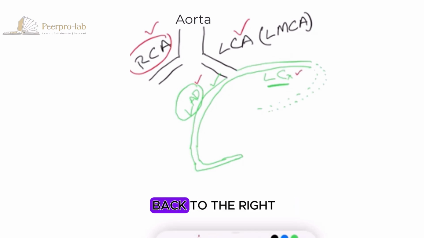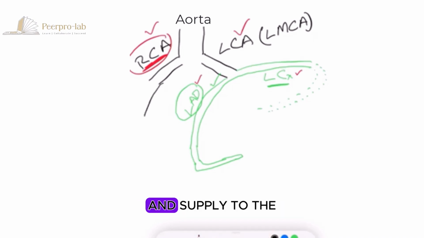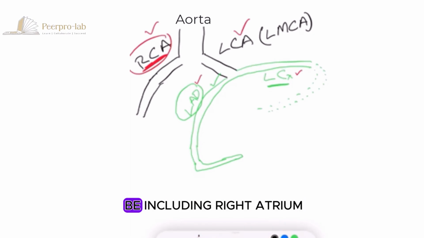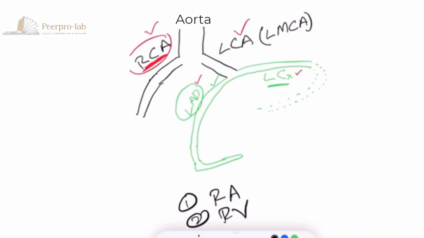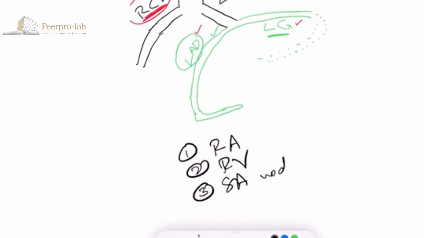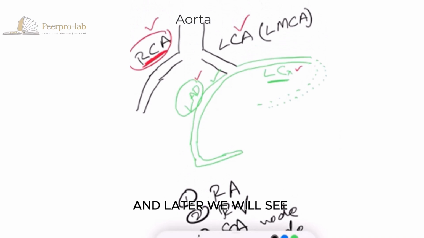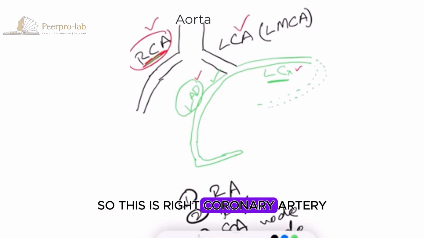If you come back to the right coronary artery, it doesn't give any main branch in its proximal portion, so it will continue as the right coronary artery and supply the right side of the heart, including the right atrium, the right ventricle, and structures in the right atrium and ventricle. There will be the SA node and the AV node, and later we will see. So this is the right coronary artery.